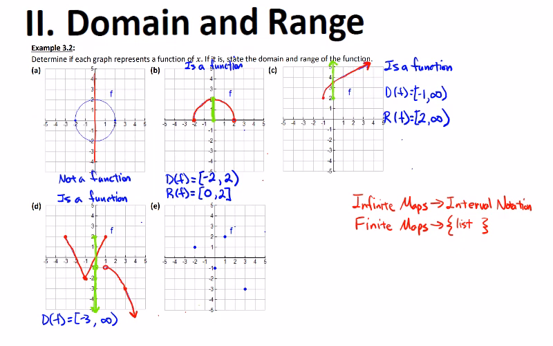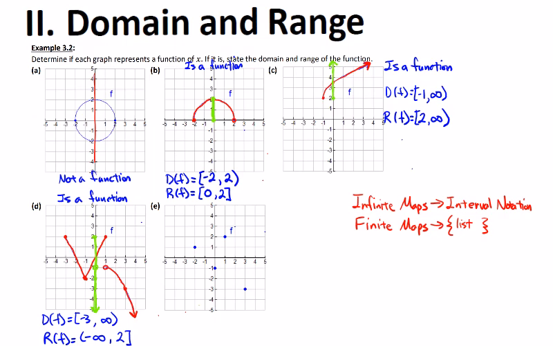When you're writing a range, you always want to write it from least to greatest. So that would be from bottom to top. So for the range, we're going to start with negative infinity, and then we're going to go all the way to positive 2 with a closed bracket. And that'll get us the range for part D.